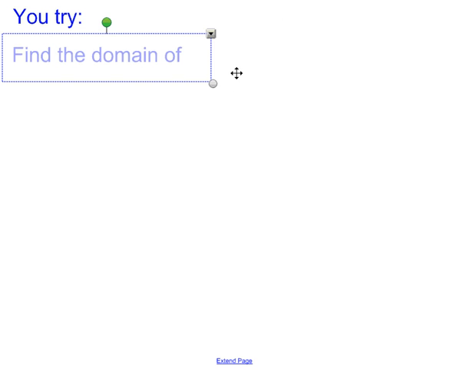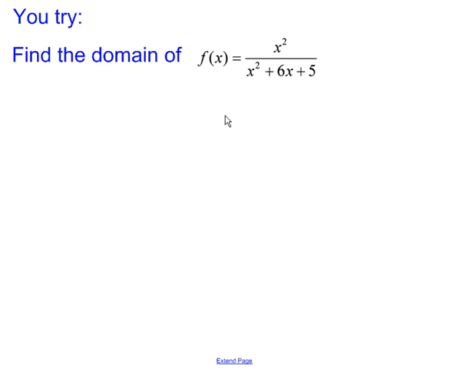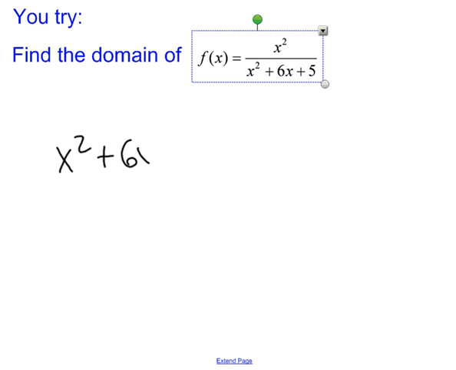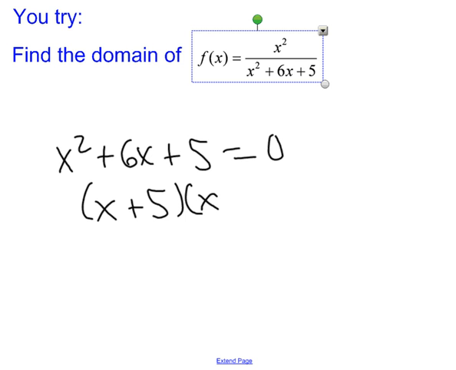Okay, so now you try it. Find the domain of this function. So since this is a rational function, we're interested in when is the denominator equal to 0. So if we solve for x here, we're going to get x plus 5, x plus 1 equals 0, x equals -5, x equals -1.